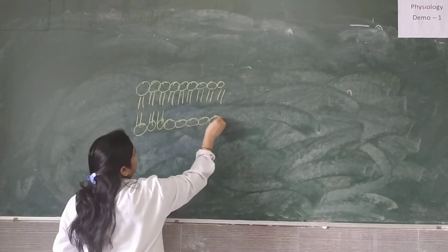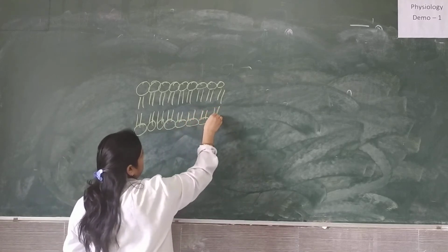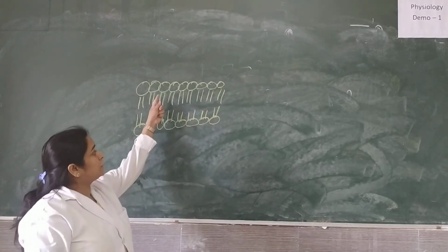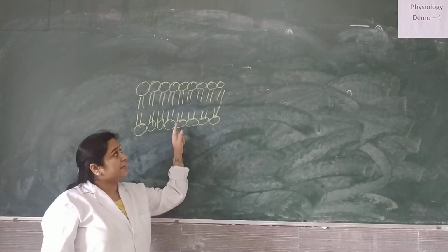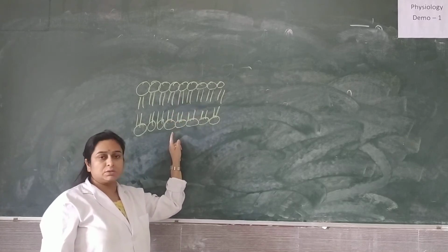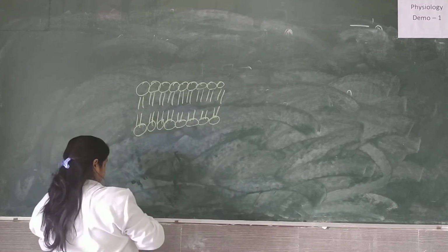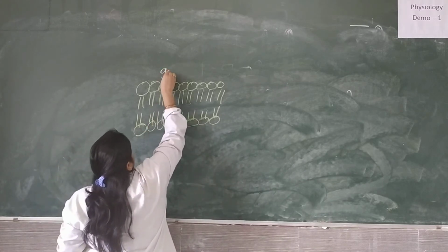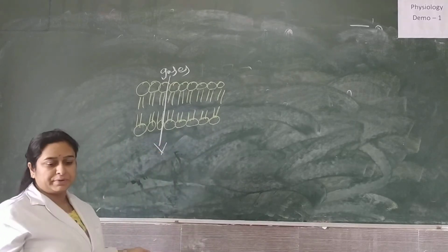As we said earlier, simple diffusion is simple. All lipid soluble substances can easily pass through the cell membrane. What are those lipid soluble substances? For example, gases can easily pass through this membrane.